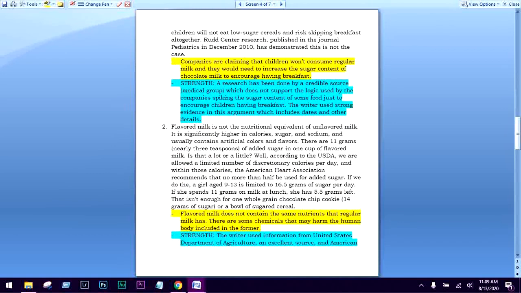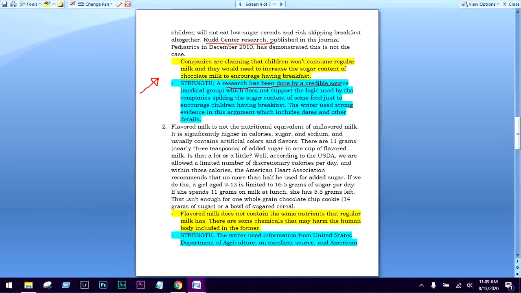She said that companies are claiming that children won't consume regular milk and they would need to increase the sugar content of chocolate milk to encourage having breakfast. Now, it is really good because she made use of research that is done by a credible source. What are these sources?